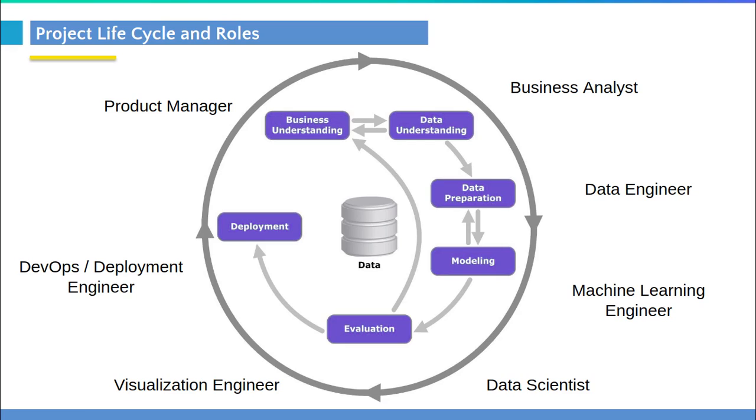It could be microservices based, or AWS or cloud based deployment. That's where the deployment happens, and monitoring happens on the deployed model. So this is the end-to-end life cycle.